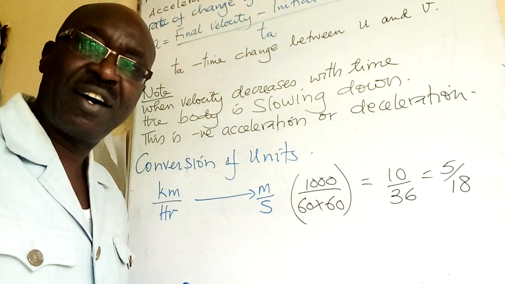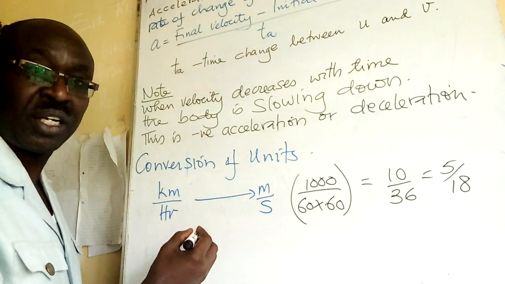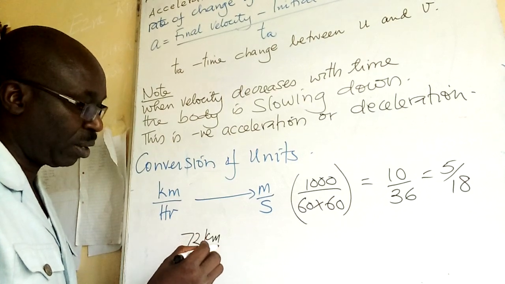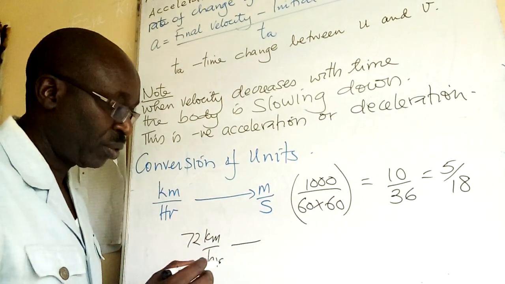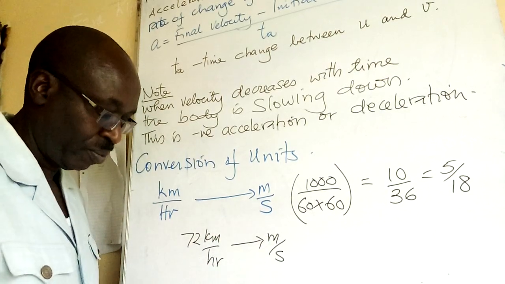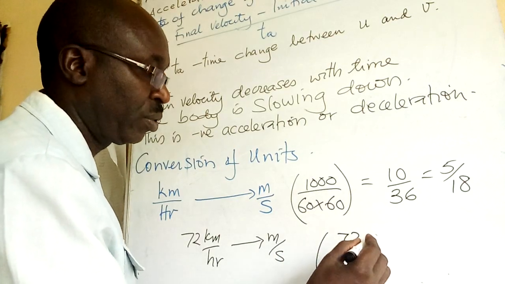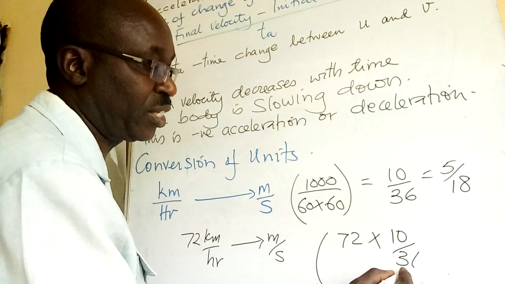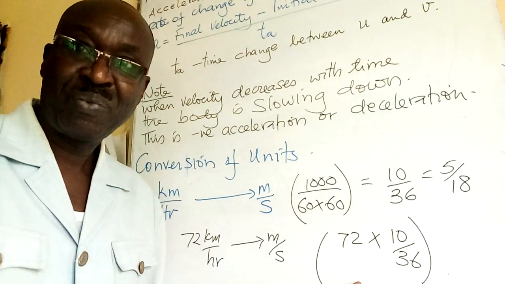If I have 72 kilometers per hour and I want to change it into meters per second, what do I do? I take 72 multiplied by 10 over 36. That is a multiplying factor.